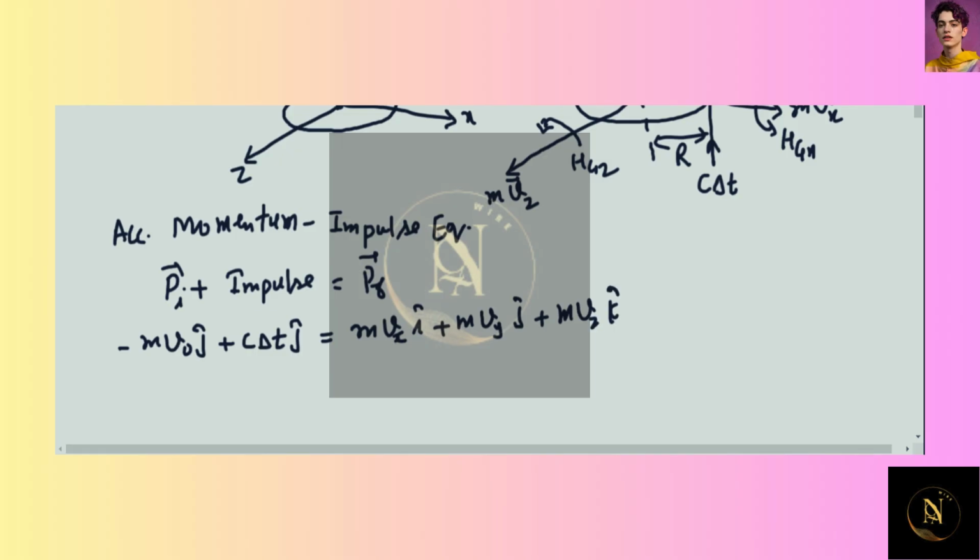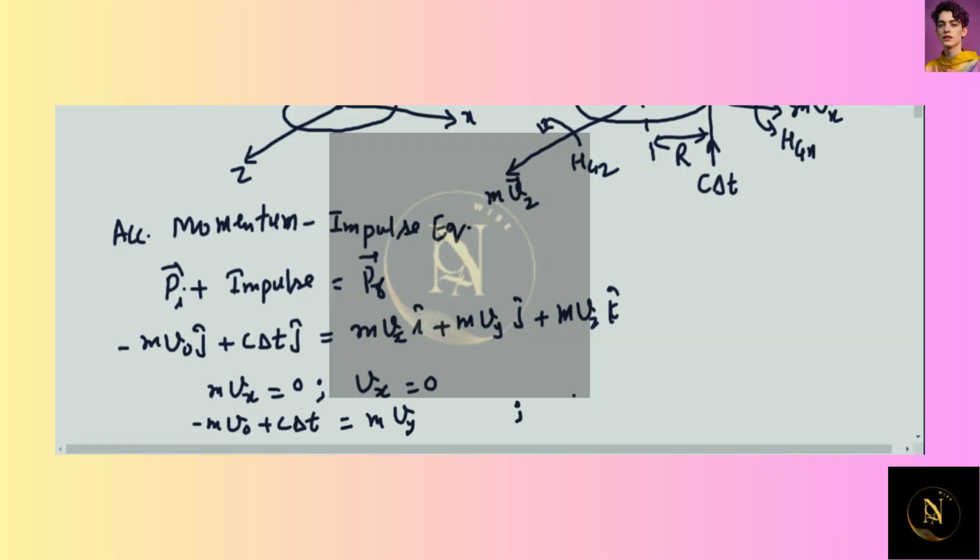So from here mvx is equal to 0, that is vx is 0. Then mv naught plus C delta t is equal to mvy.